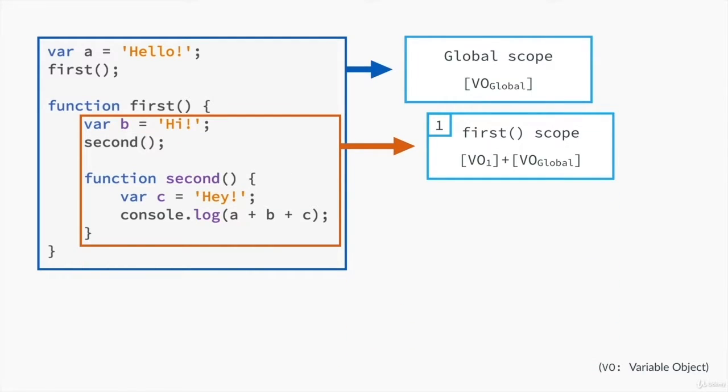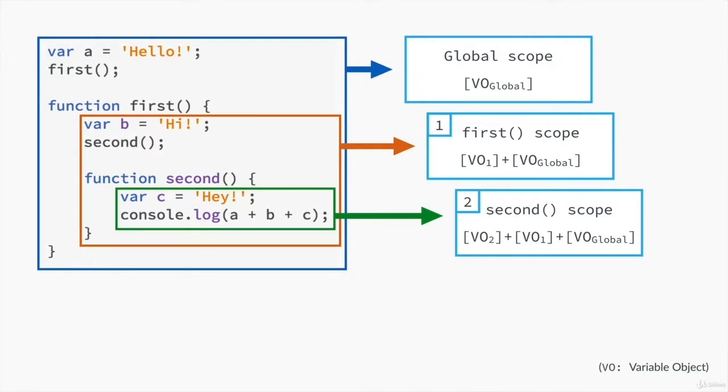In orange, we have the scope of the first function, which defines the variable b and the second function. And this is a local scope, not a global scope. And do you remember what I said about lexical scoping in the last slide? Thanks to lexical scope, this scope has also access to its parent scope and all the variables and functions that it defines. And in this case, that's the global scope.